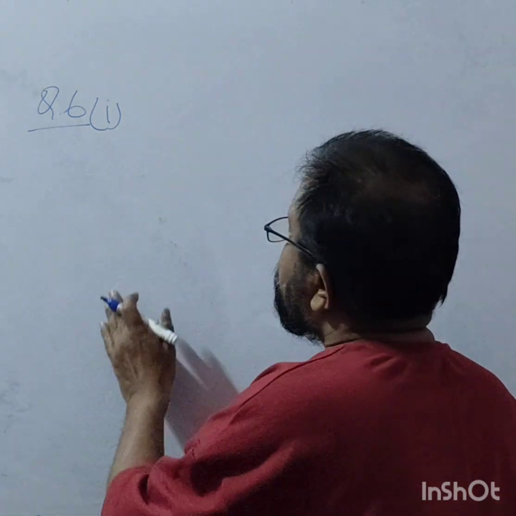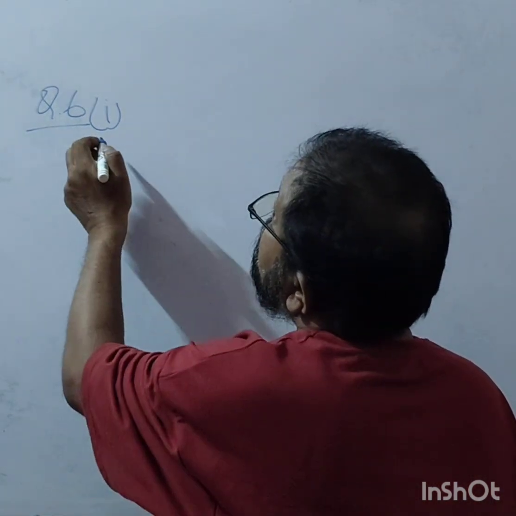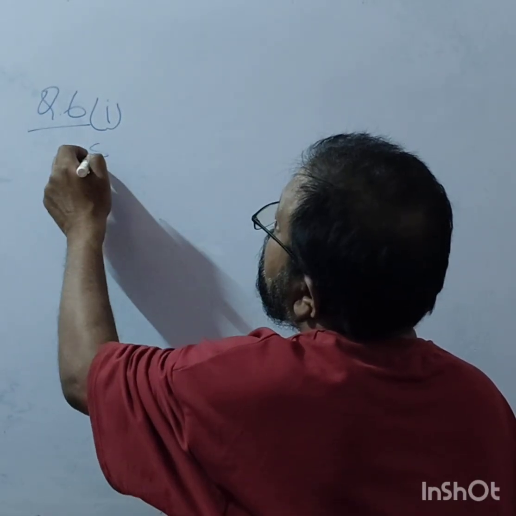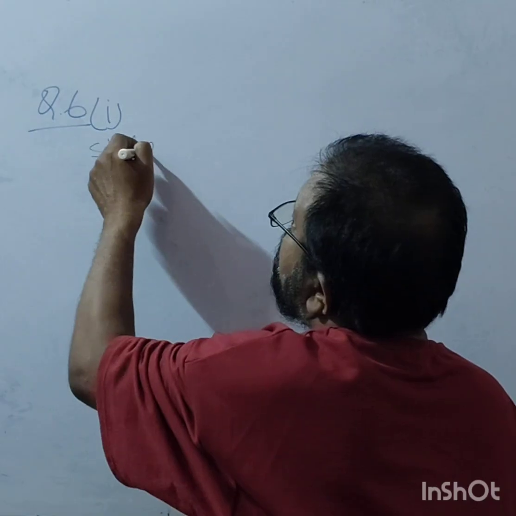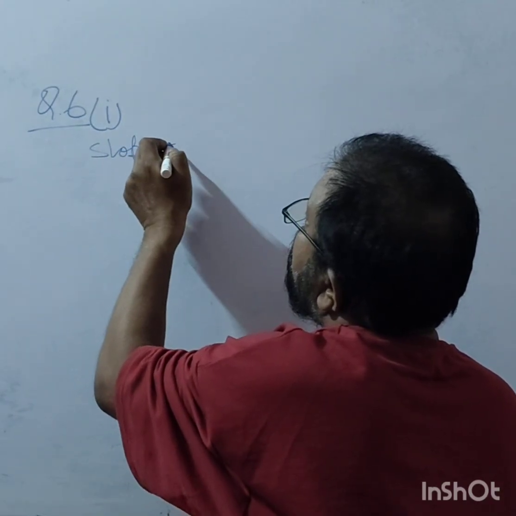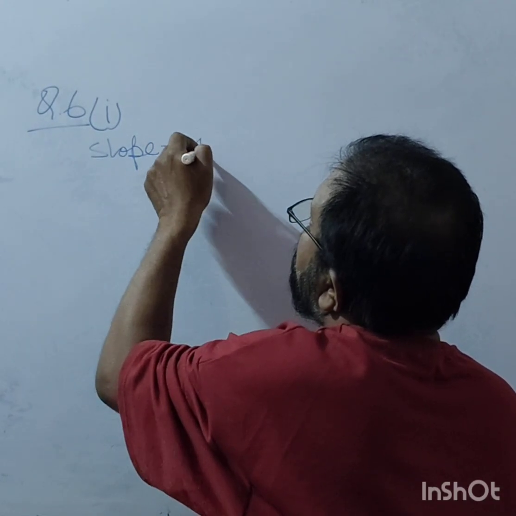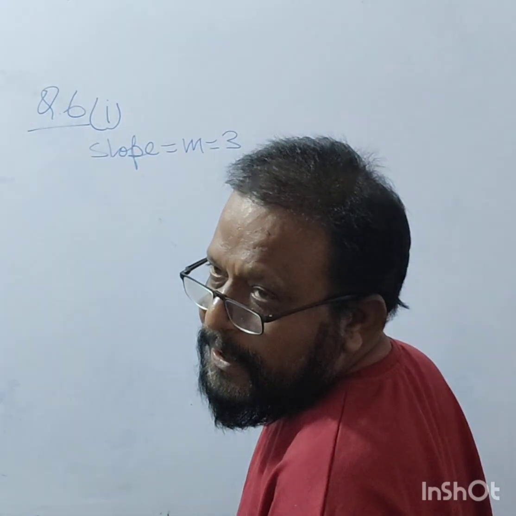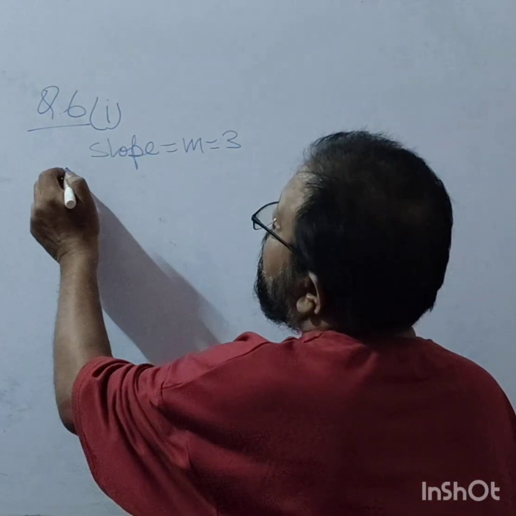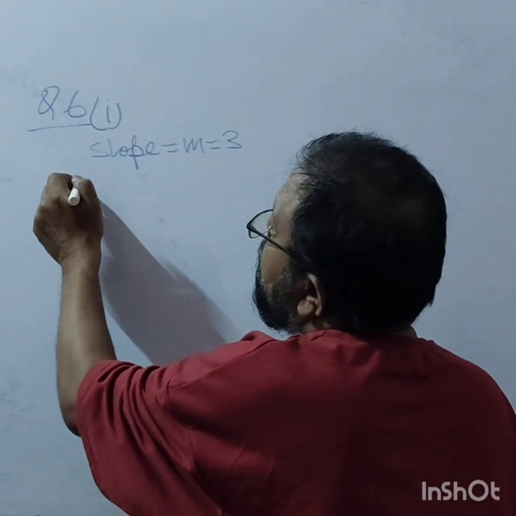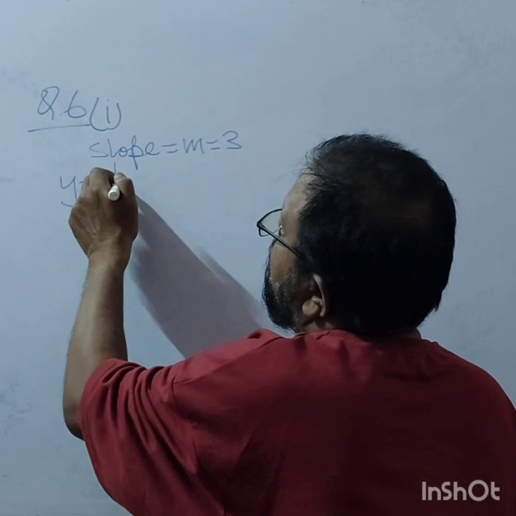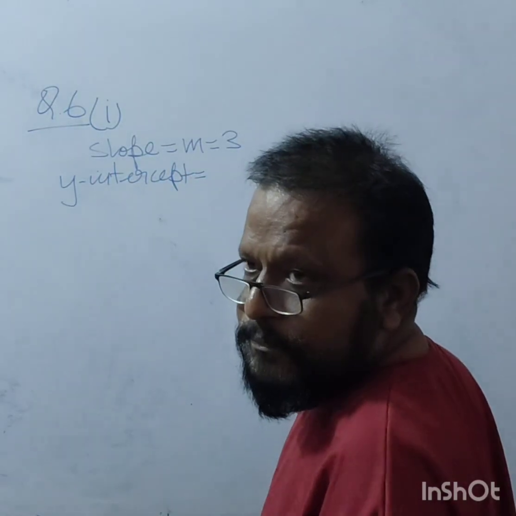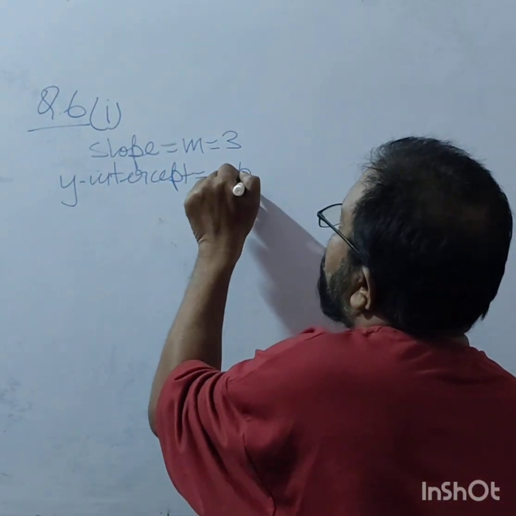Slope is 3, so m is equal to 3, and y-intercept is equal to minus 5.